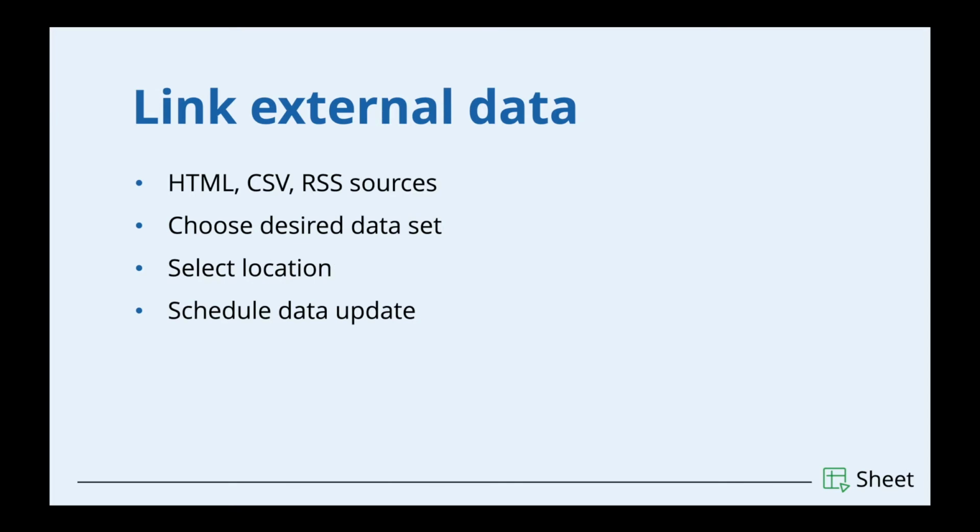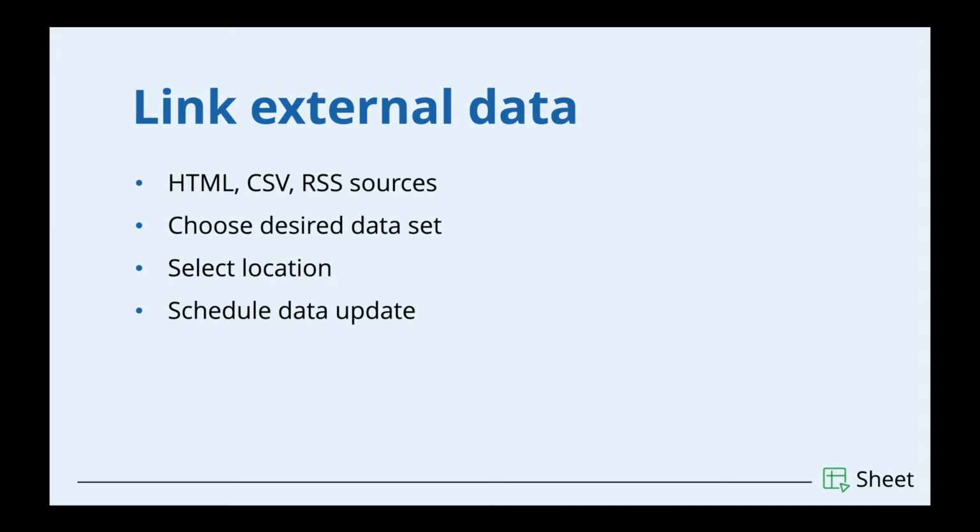So as I mentioned before, this feature, that is link external data inside Zoho Sheet, allows you to link live data from external sources, and some of the sources that you can use include HTML, CSV and RSS sources. And when you have multiple data tables inside the source, for example, if you have an HTML page with multiple data tables, you can choose and select the desired data tables or data sets that you would like to insert inside your spreadsheet.